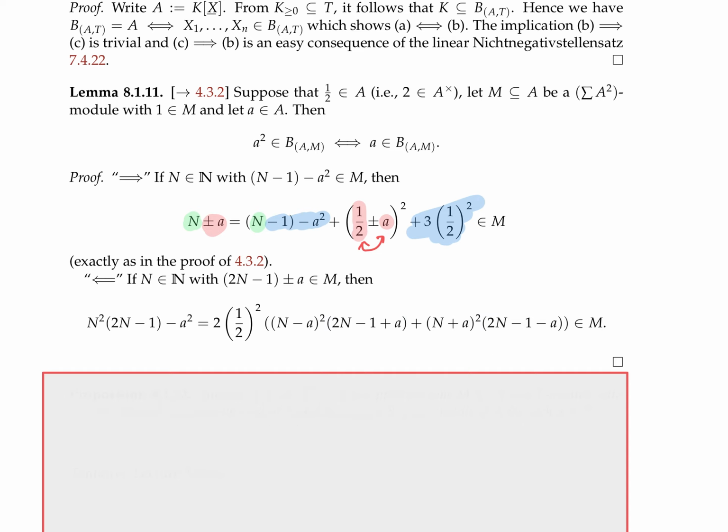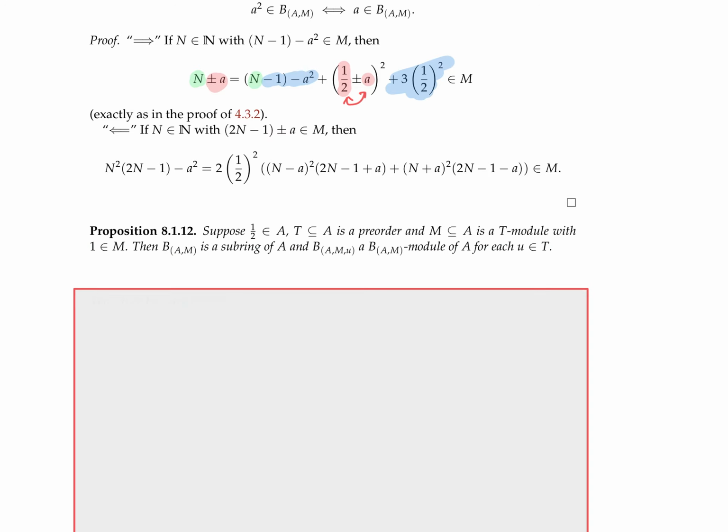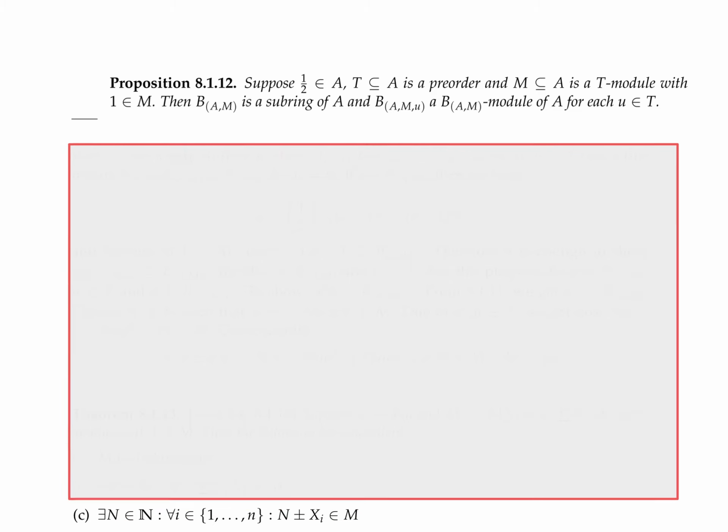So using this, we can now prove the following very technical, very nice proposition. One proposition is as follows. Suppose 1/2 lies in our commutative ring A, so that means 2 is invertible.